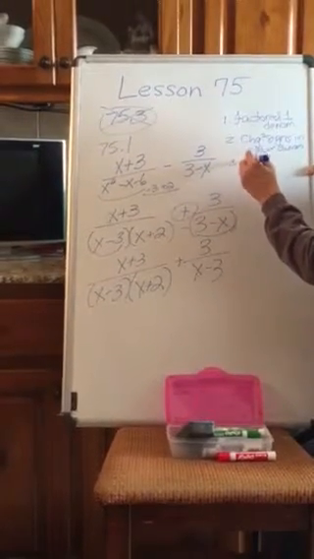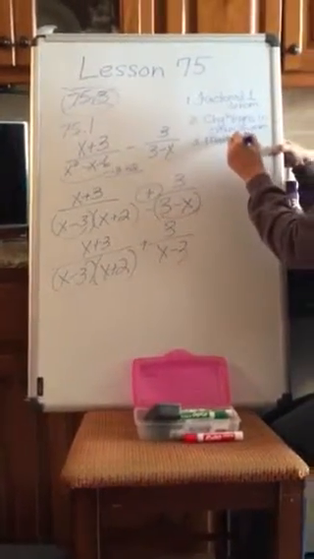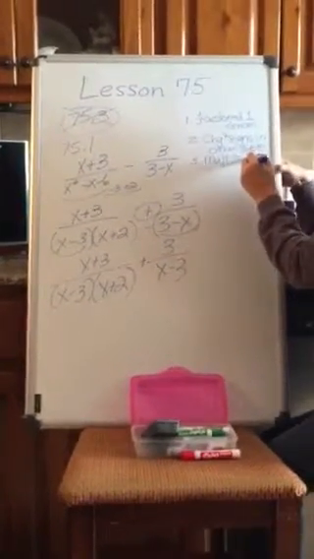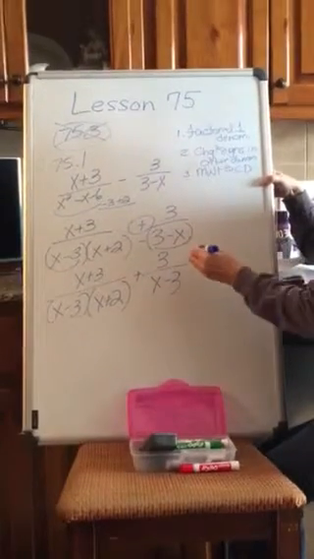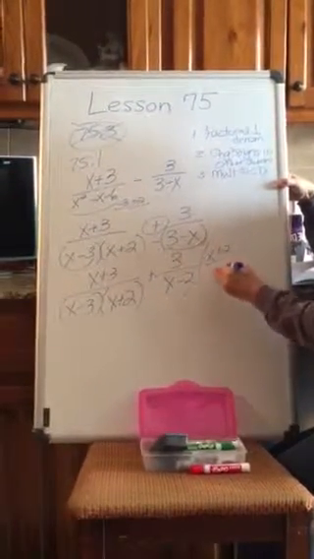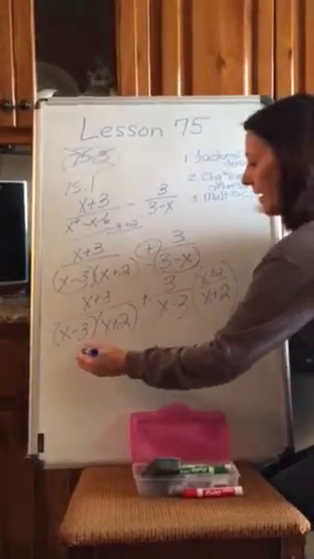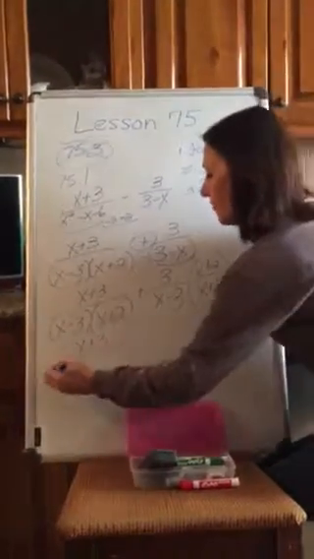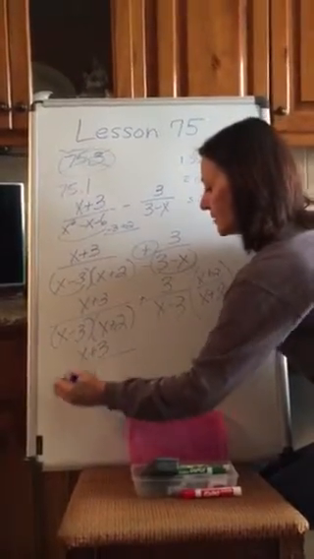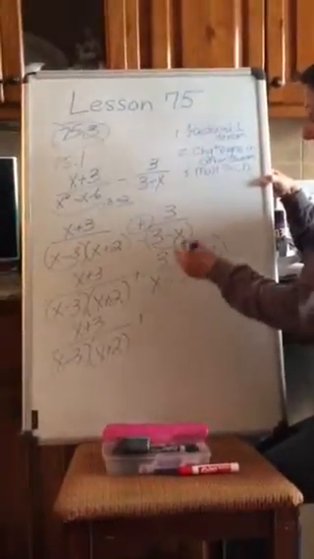So then you're going to multiply to get a common denominator. I'll multiply this by x plus 2 over x plus 2. And I'll have x plus 3 over x minus 3 times x plus 2. No equal sign, right? So, I should have a common denominator.